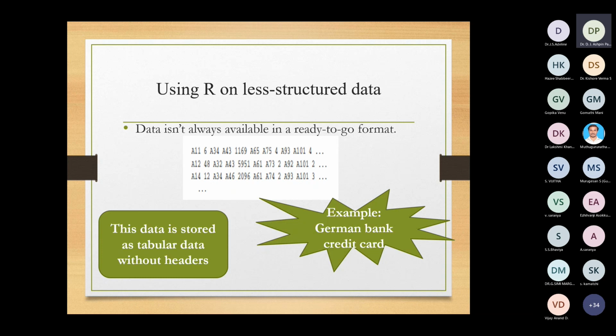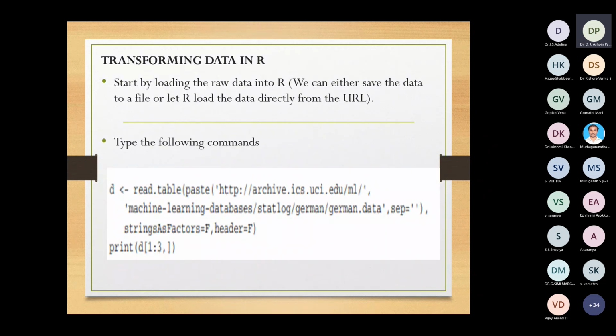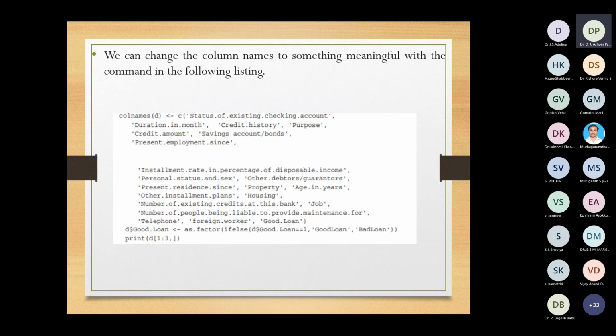So let us see how you can load this kind of raw data into R. First, you just have to load it using read.table, either from the local file or from the URL. And then you have to set the column names. Then it becomes meaningful. So these are the column names.